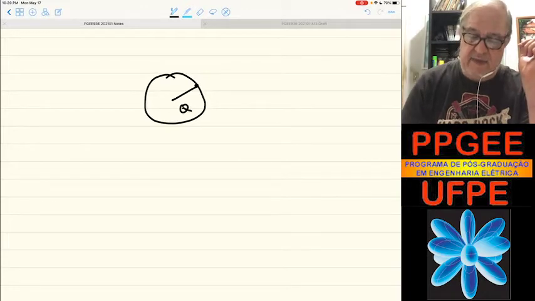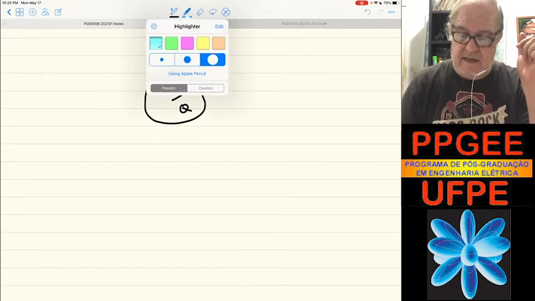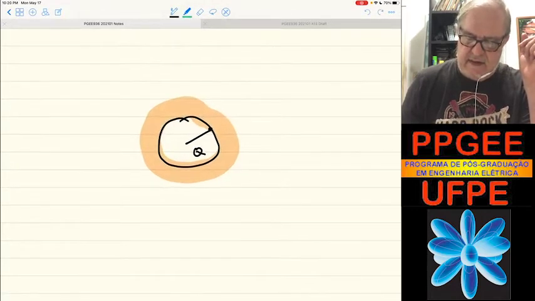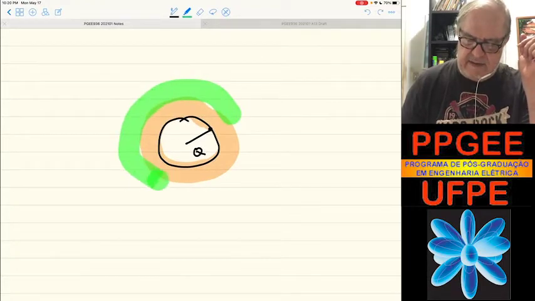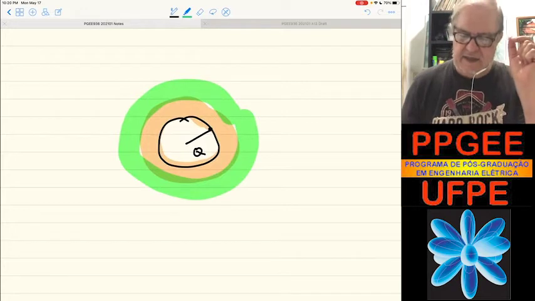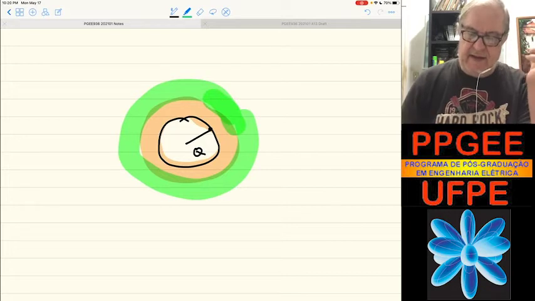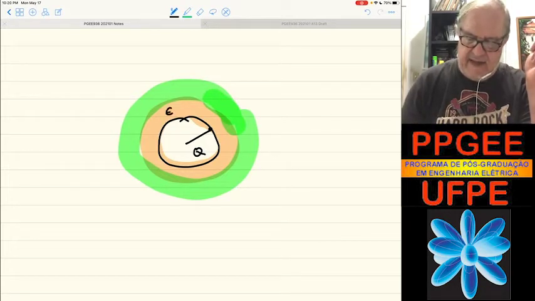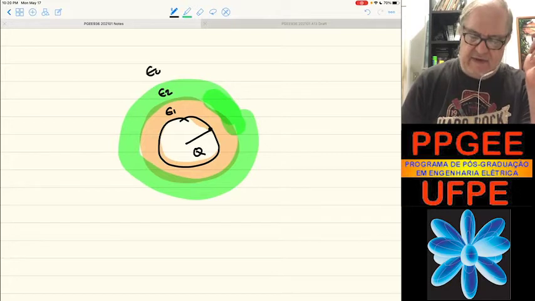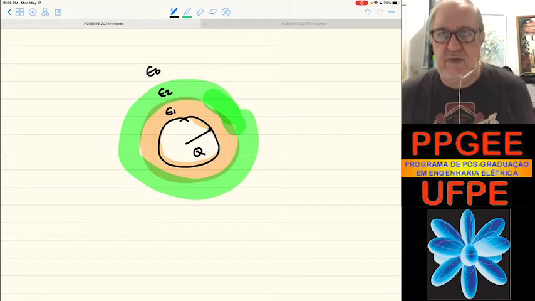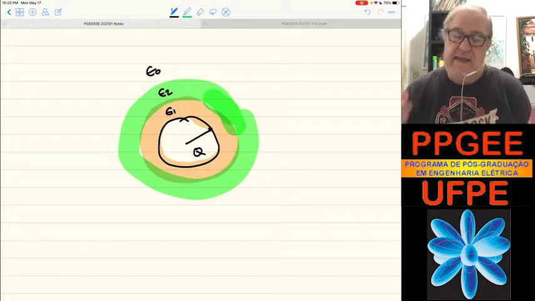Then I can put a layer of a dielectric around it, and another layer outside, and keep putting concentric thick shells, with epsilon 1, epsilon 2, and vacuum outside. So I have a problem with multiple dielectrics. We want to know the field distribution in the different layers. We can solve those problems.